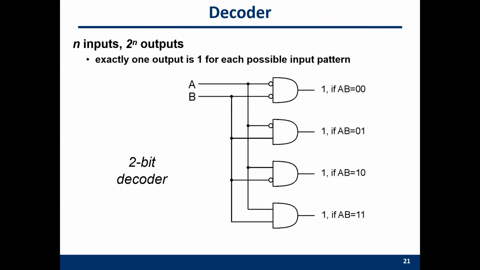So this is a typical combinational logic: if you have n inputs, in this particular case we have 2 inputs, then this decoder can generate 2 to the n outputs. In this case, it's 2 to the 2, which is 4 outputs.